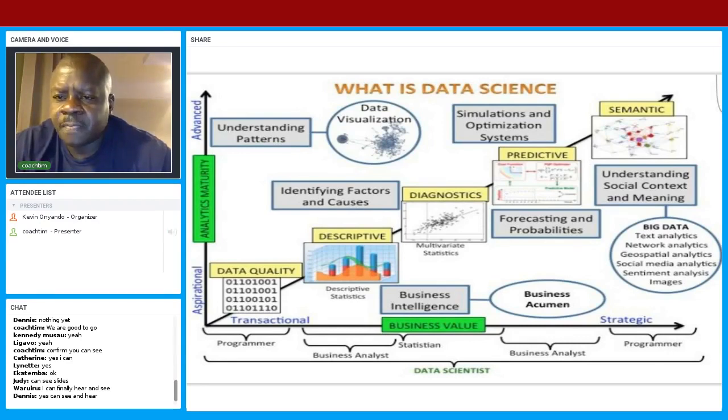Some examples of being able to understand the social context and meaning are things like text analytics, using special tools and algorithms. We'll be looking later into the diversity of data. We are saying that big data does not concern itself with only data that comes in zeros and ones, that's structured, but also unstructured data.